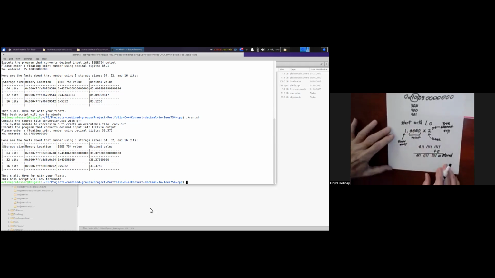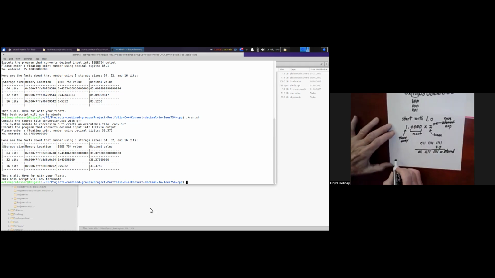We're ready to write the number. Here it is. It's positive. 1.0 is positive. Its stored exponent is that one. Its mantissa is lots of zeros.